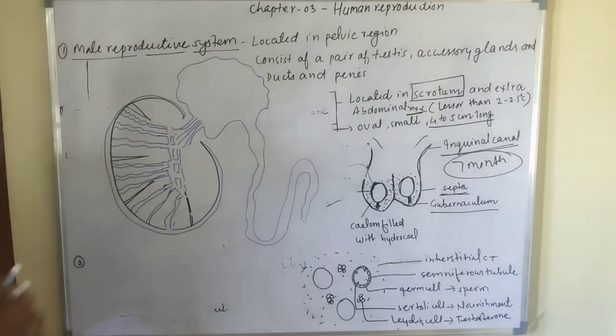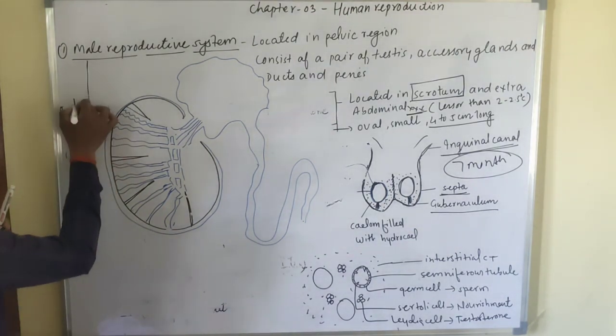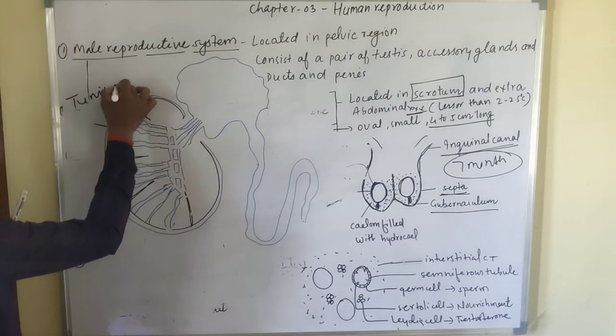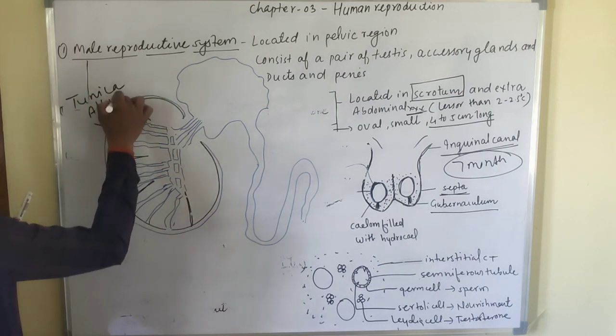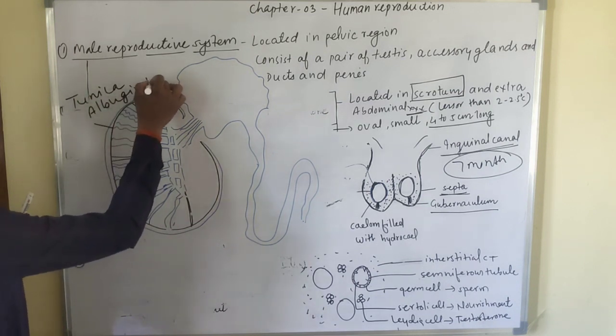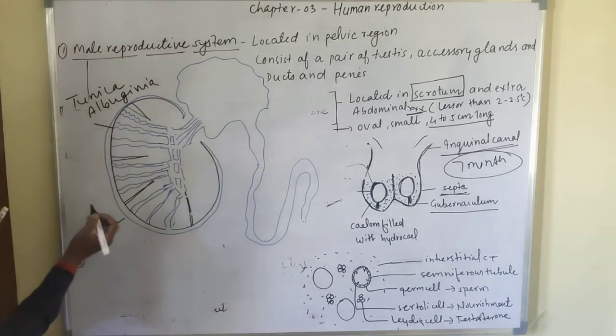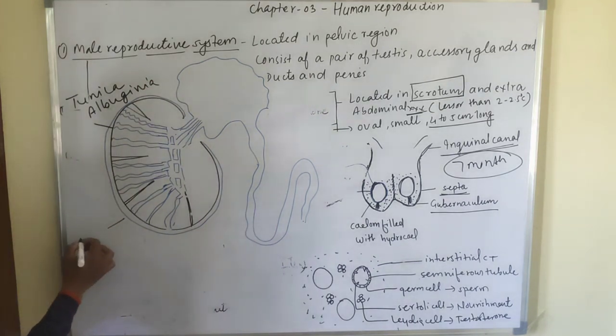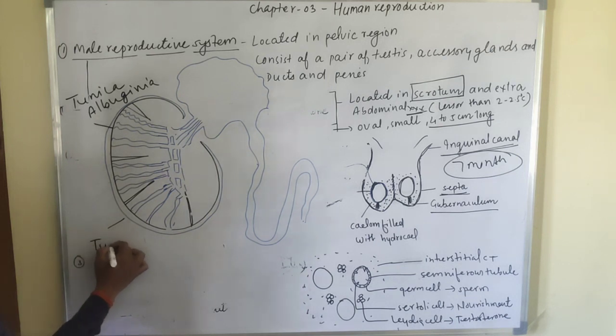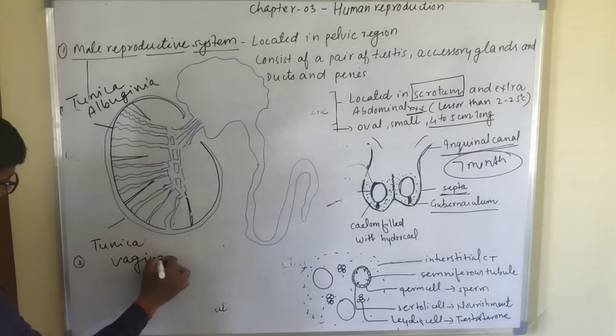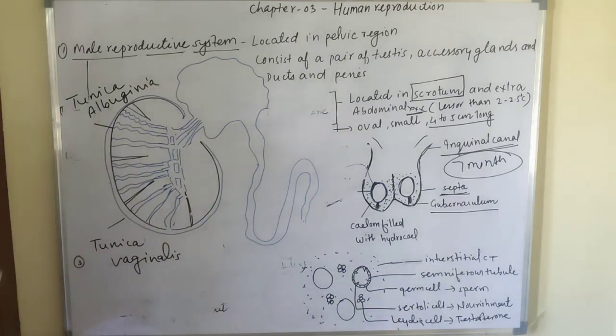As we mentioned, the inner one is known as tunica albuginea. This one is tunica albuginea, and this one is tunica vaginalis. These are the 2 layers.